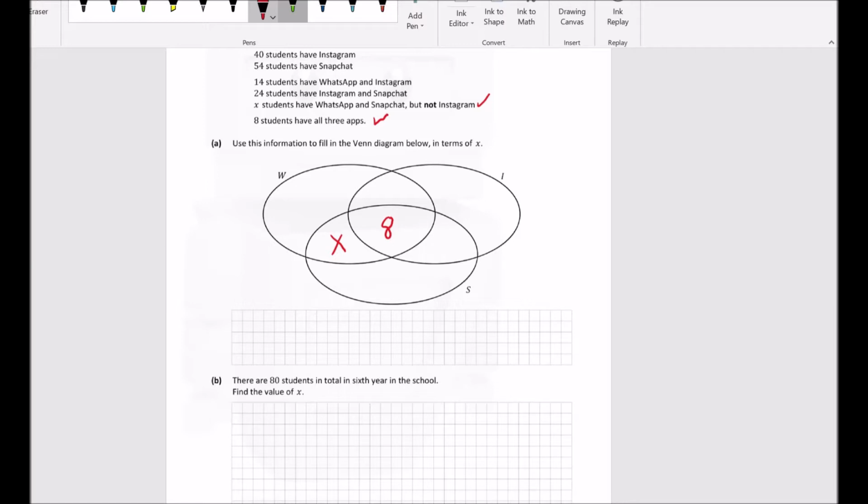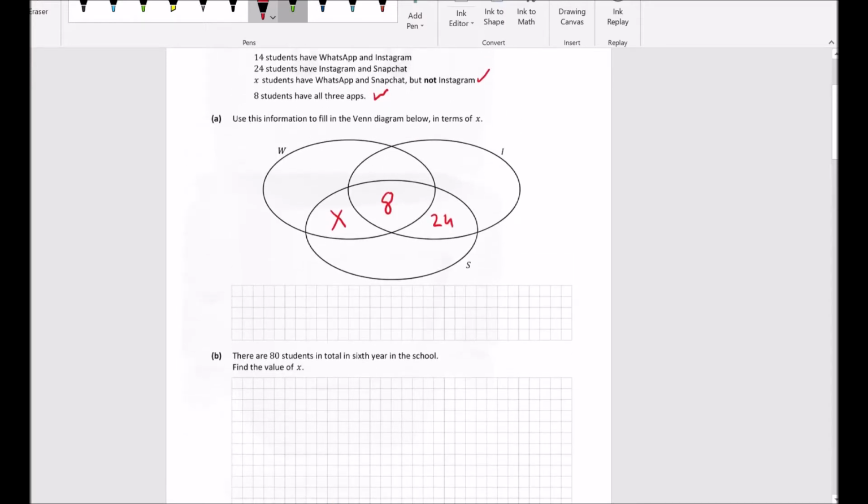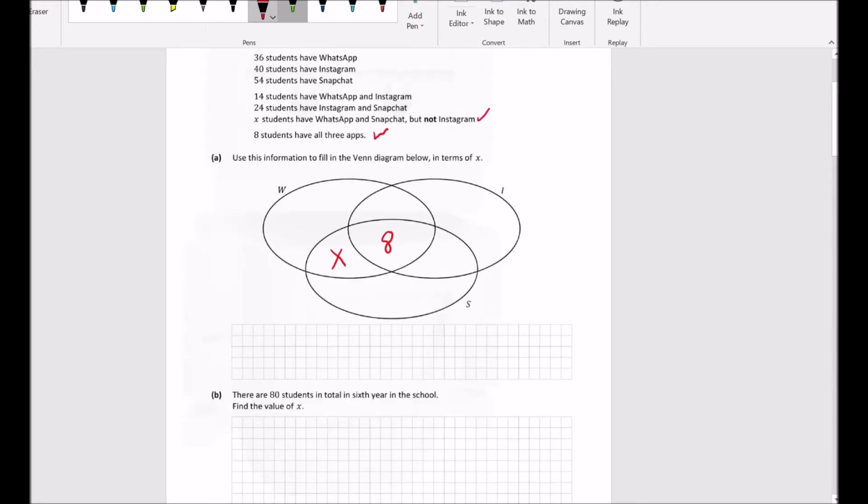So Instagram and Snapchat, 24. But hold on a second. We're already after counting 8. So there'll be 16 of them here. Okay, so now we've 24. And 14 students have WhatsApp and Instagram. So 14 WhatsApp and Instagram, but hold on, we're already after counting 8 of them here. So there'll be 6. Okay.